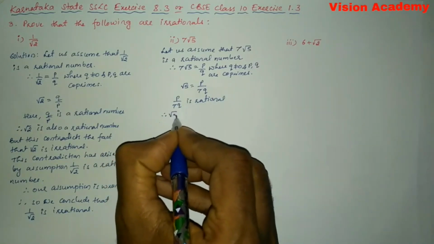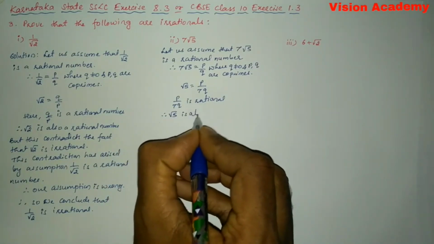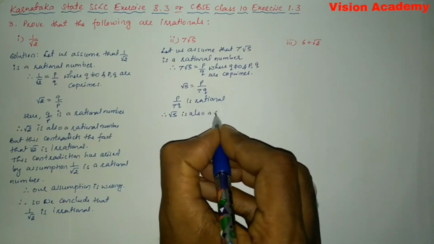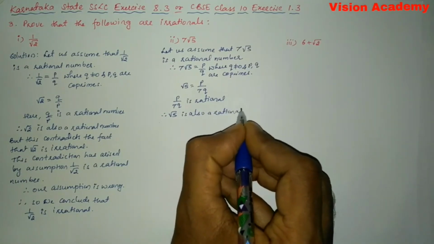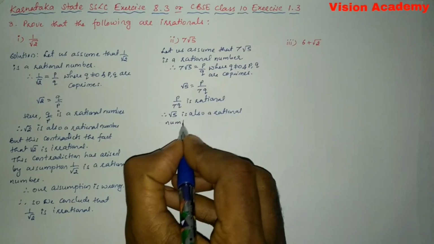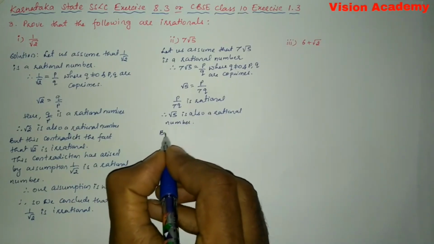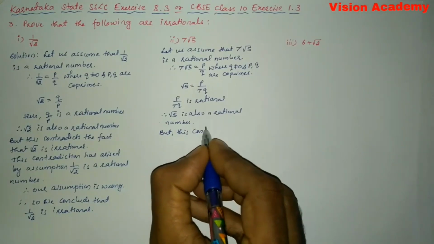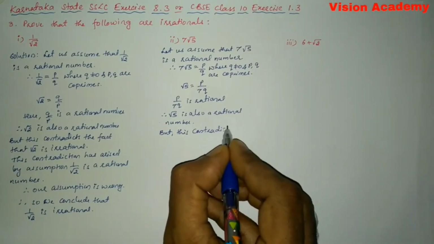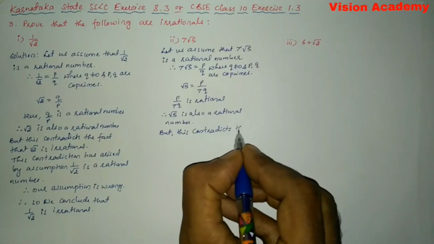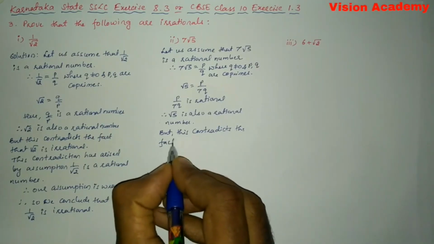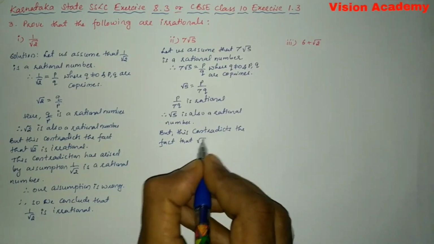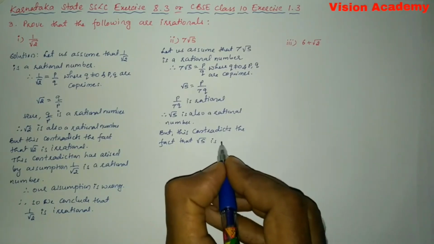Therefore, square root of 5 is also a rational number. But this contradicts the fact that square root of 5 is irrational.